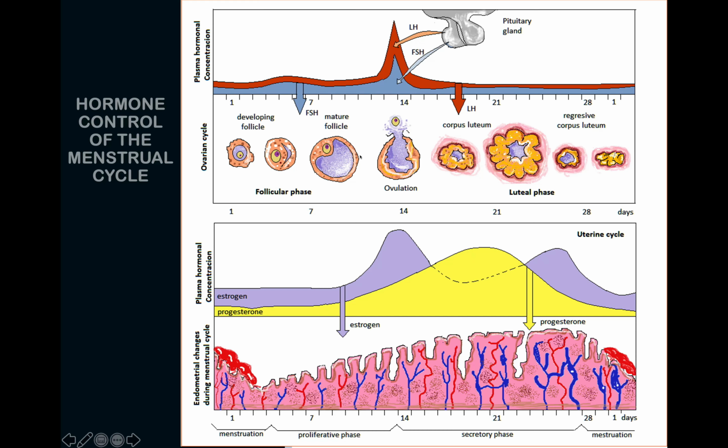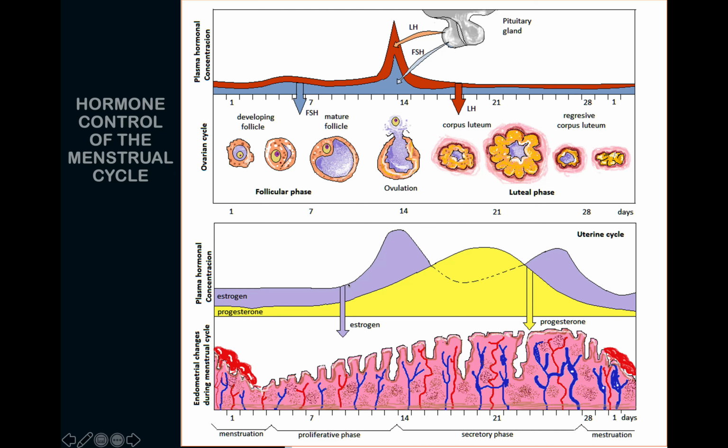What is this estrogen doing? It's going to inhibit or prevent the pituitary gland from producing any more FSH. Why? It wants to prevent the development of more follicles, right? So that only one follicle at a time is becoming mature.